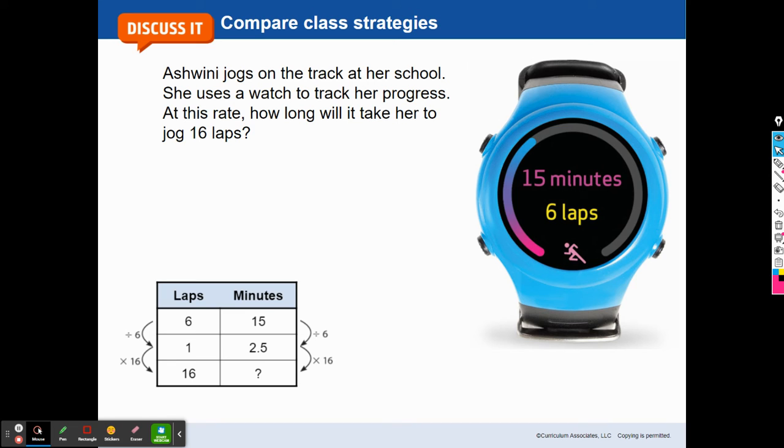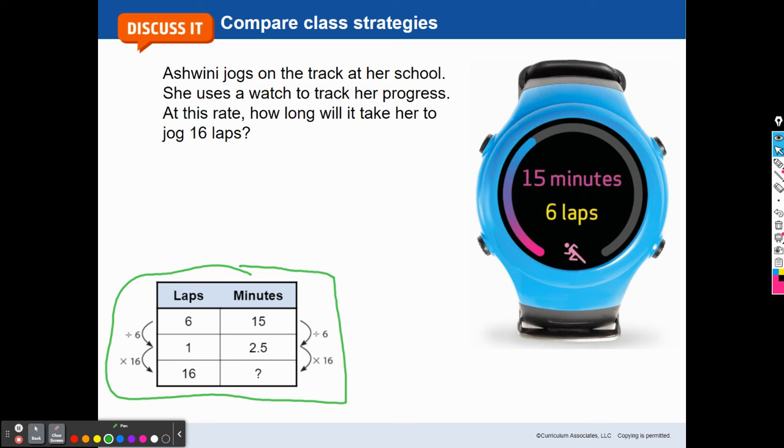And this is a strategy that your curriculum suggests, okay? So in this strategy, we have our original ratio of 6 to 15, right? And we want to know how long it takes her for each lap because we're wanting to know length of time, which means our laps need to be 1, right?